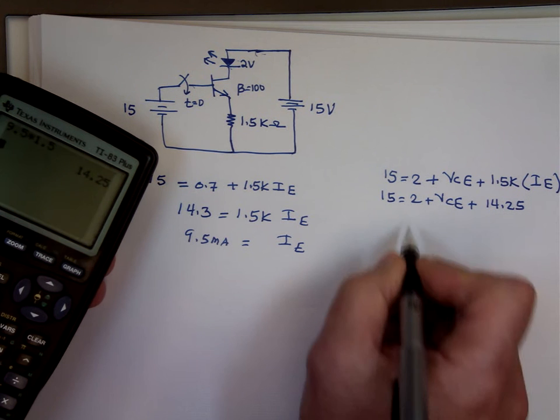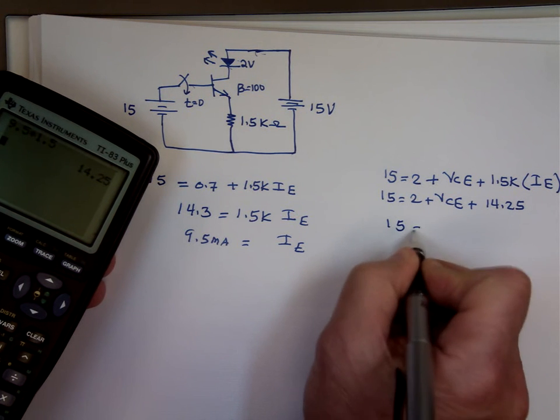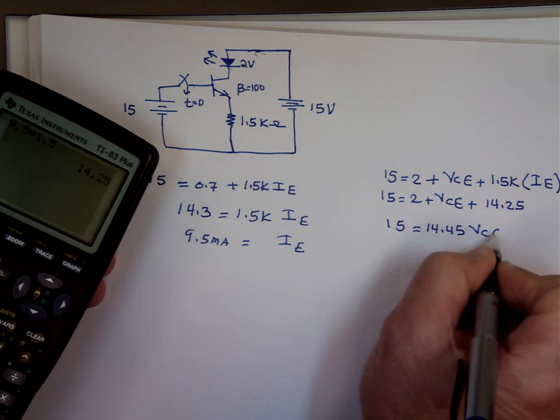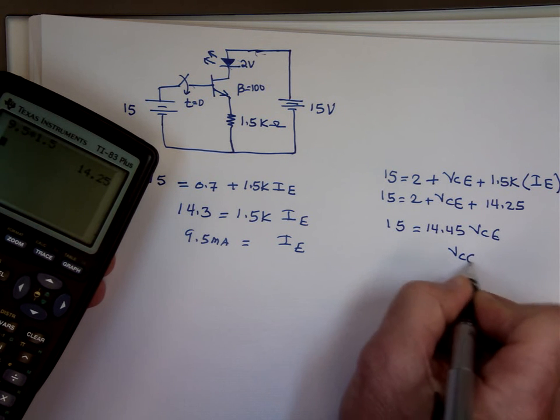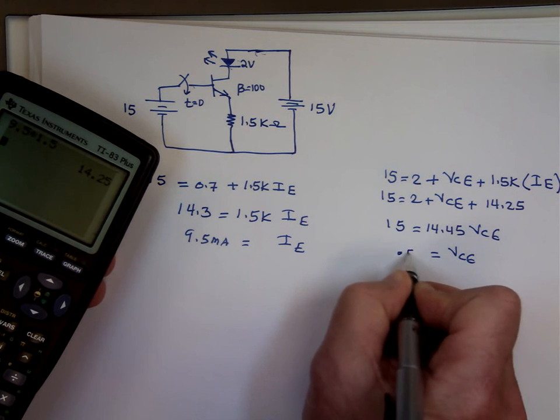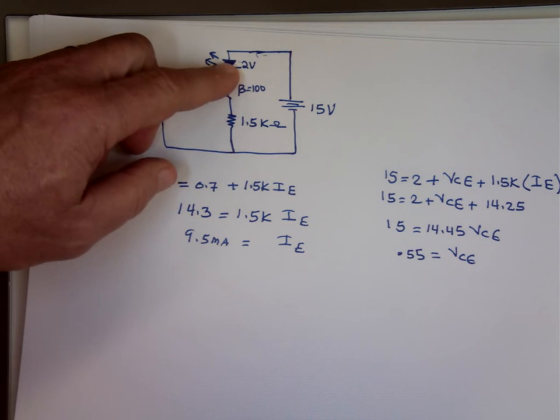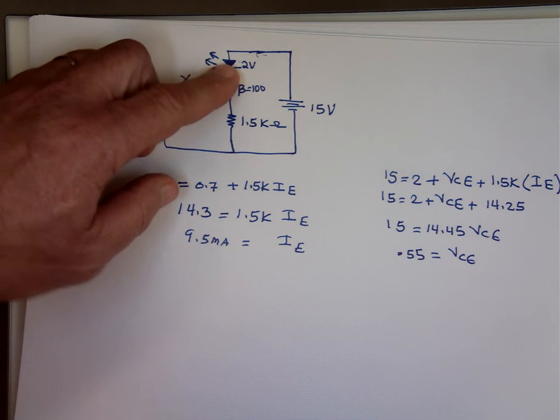15 equals what? 14.45 plus VCE, and what's VCE? 0.55. Notice the current here, it's actually independent of the LED voltage.